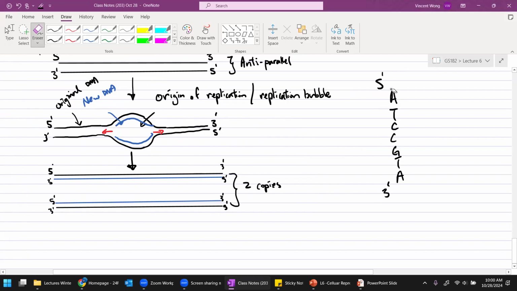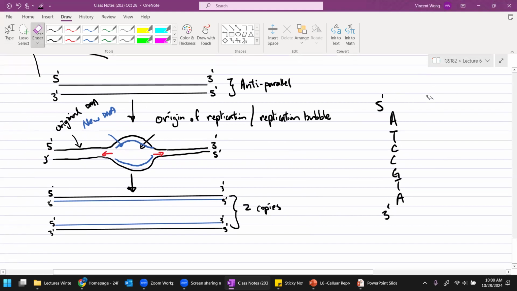If I have a strand here on one side, A, T, C, C, G, T, A, 5 prime to 3 prime, what number do I start up here with? 5 or 3? 3. And then go ahead with the nucleotides. And what number do I end with? 5 prime. Okay, so watch. You don't have to copy this. You can just watch.